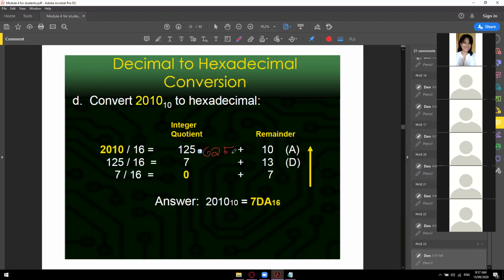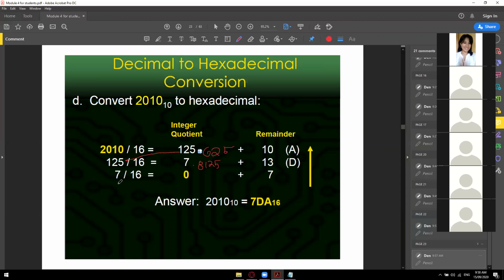Okay? So, I hope nagets nyo kung paano nakuha yung remainder. And then, kunin nyo lang to. Lagyan nyo dito 125 divided by 16. 125 divided by 16 is 7.8125. So, 0.8125 times 16, then you will get 13.